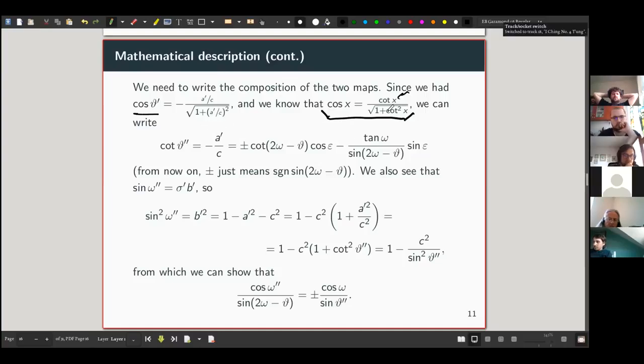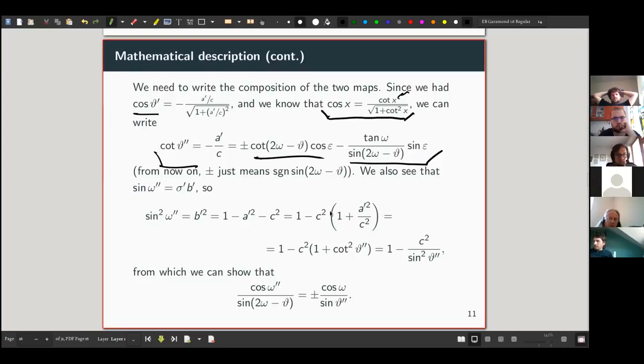But if we just exchange that for a cotangent, then we can get something that is a lot nicer. So if we do that, we see that the cotangent needs to be minus a prime over c, and it gives this kind of equation, which is still not really nice, but it's a lot better than the ugly square root.